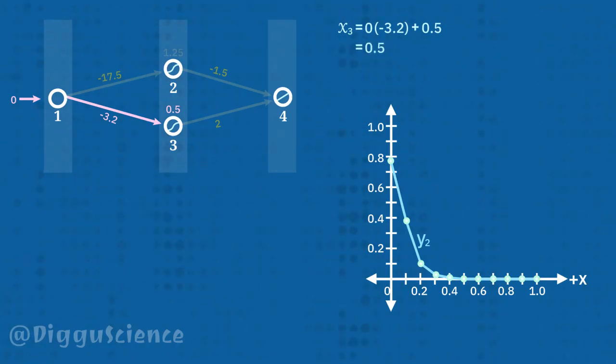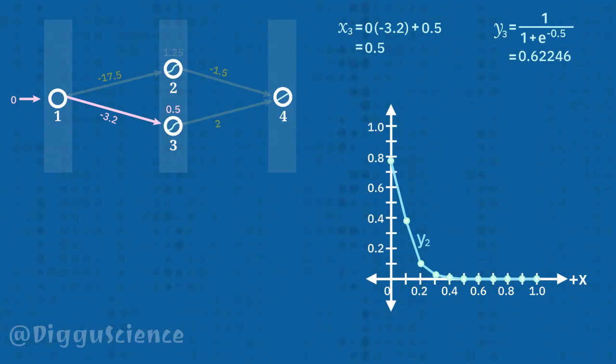The result is 0.5. This value will be processed by the activation function. For the sigmoid function, y3 is equal to 1 over 1 plus e to the power minus x3. Enter the value x3. y3 is equal to 0.62246.